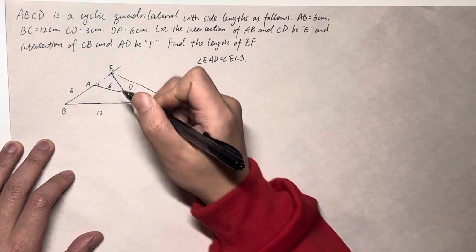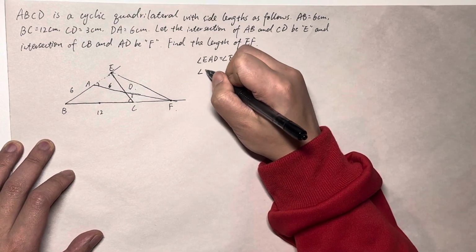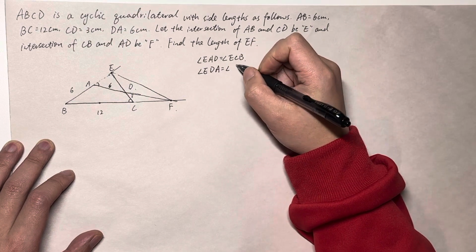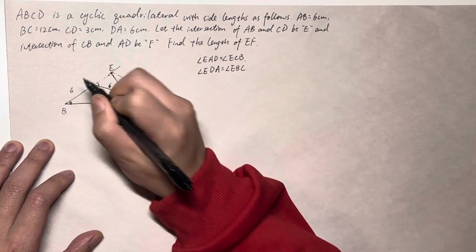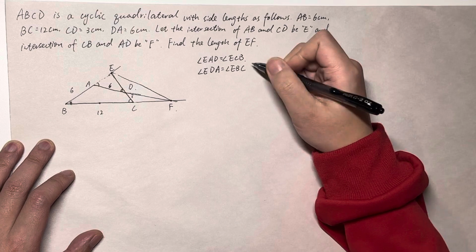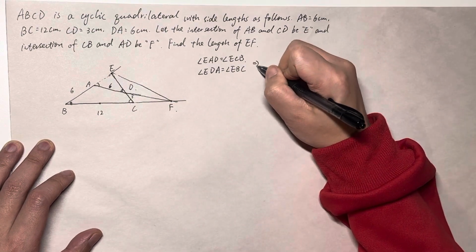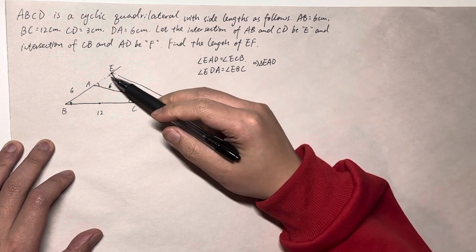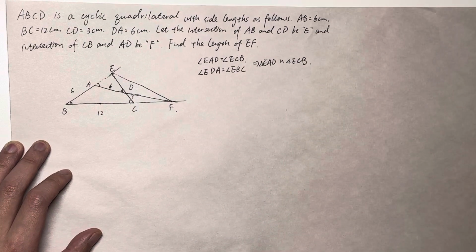This angle equals this angle. And angle EDA equals angle EBC. This angle equals this angle, right? We know that angle AED equals angle CEB. So we got triangle EAD is similar to triangle ECB.